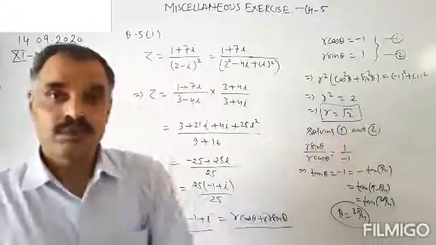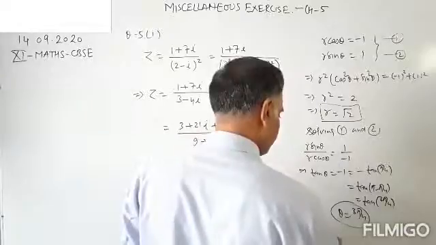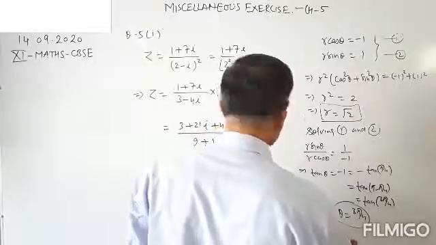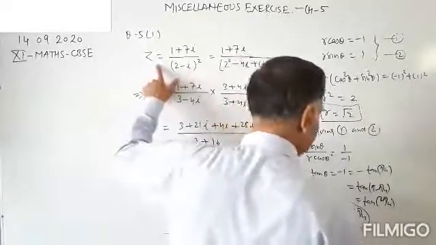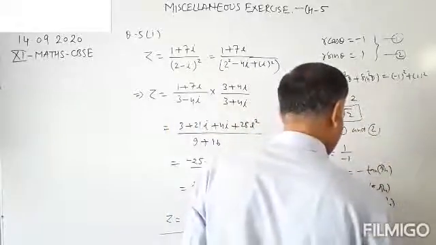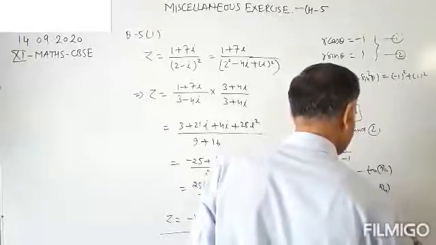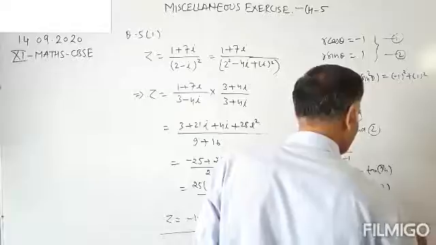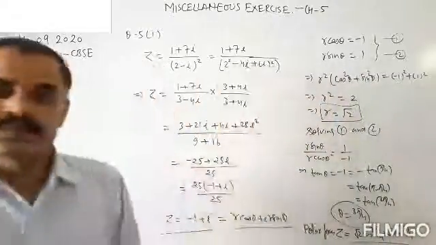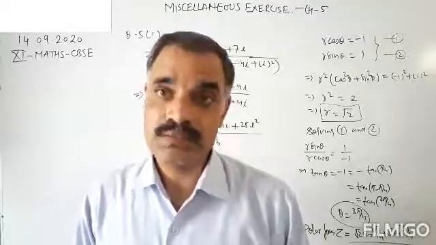Now the polar form of the given complex number z equals r cos theta, that is root 2 cos 3 pi by 4, plus iota root 2 sin 3 pi by 4. Okay, this is the answer, the polar form of the given complex number.